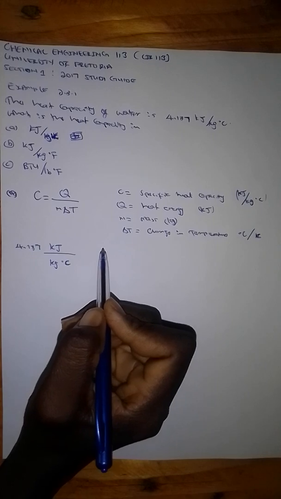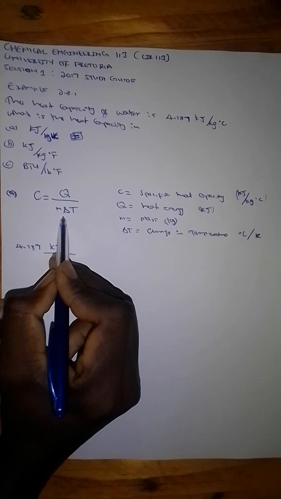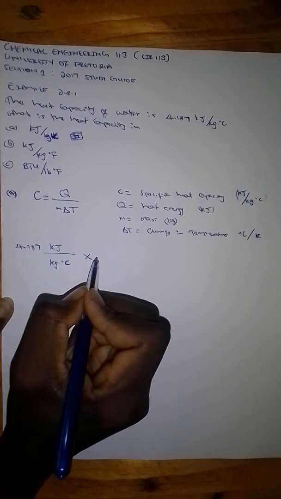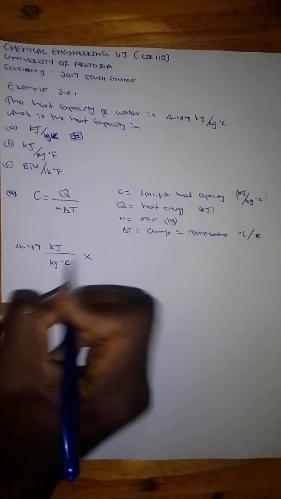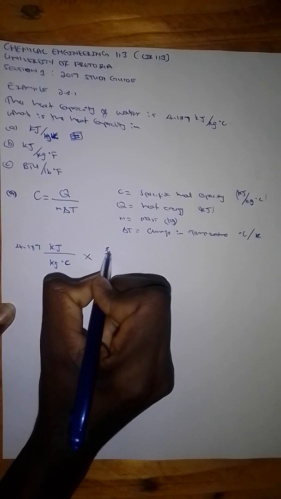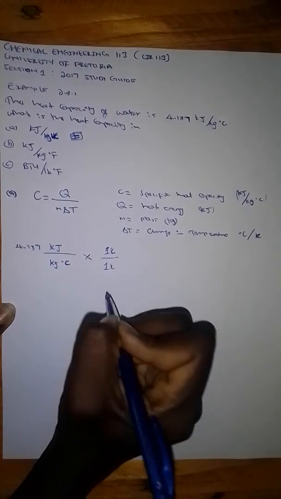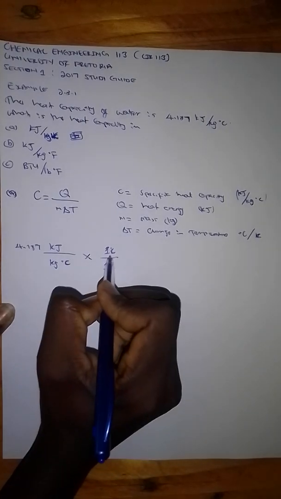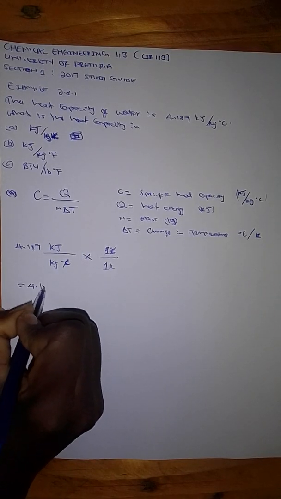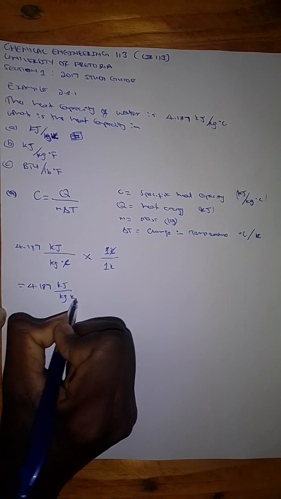Now remember, this is actually delta. The temperature here is a change in temperature, not a straightforward temperature. That's why we're going to convert the change in temperature. We can say 1 degree Celsius over 1 Kelvin, and with that we cancel the degree Celsius, and we're left with 4.187 kilojoules per kilogram Kelvin.